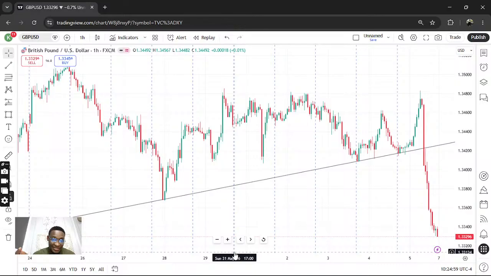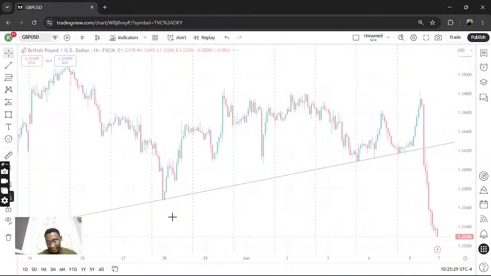So that being said, let's analyze the chart starting from the daily time frame. Now, on the daily time frame, this is how the pair looks.